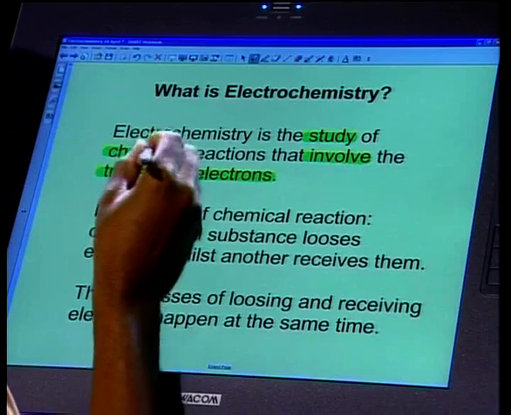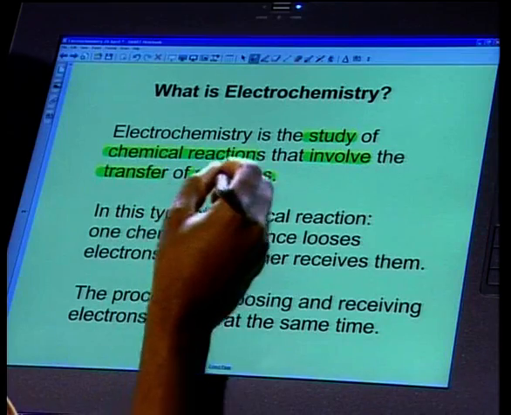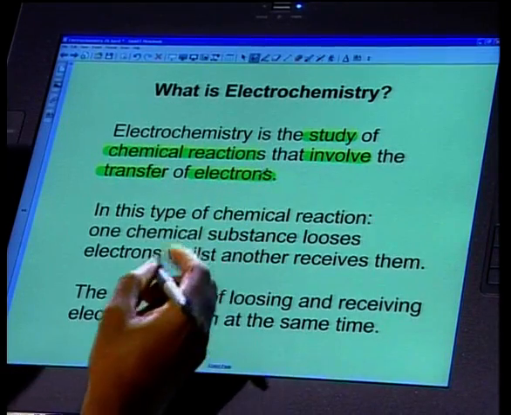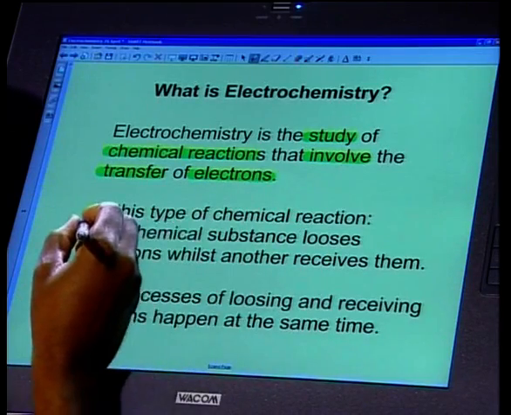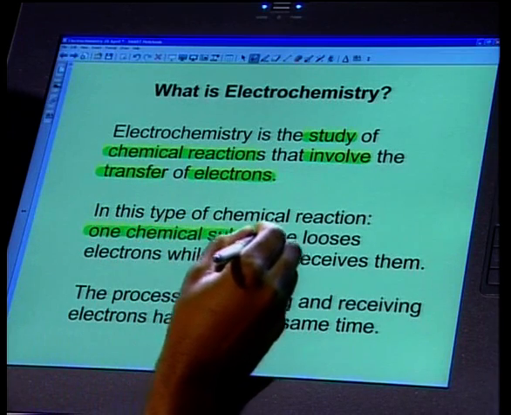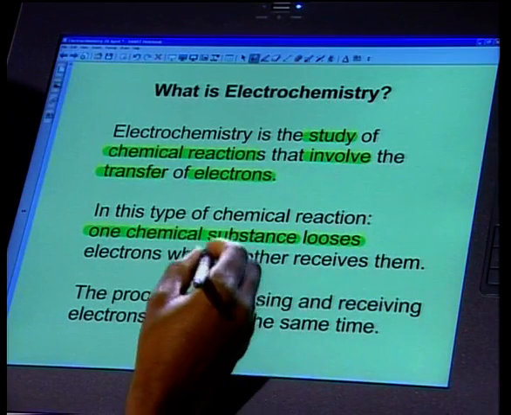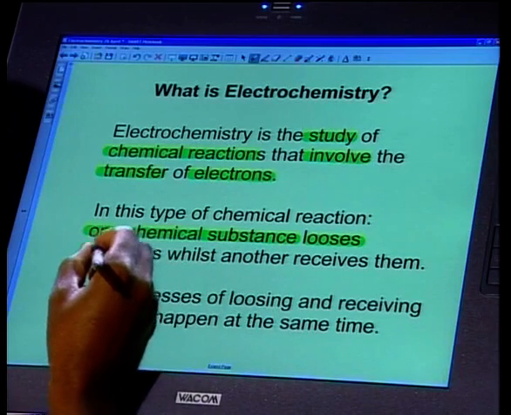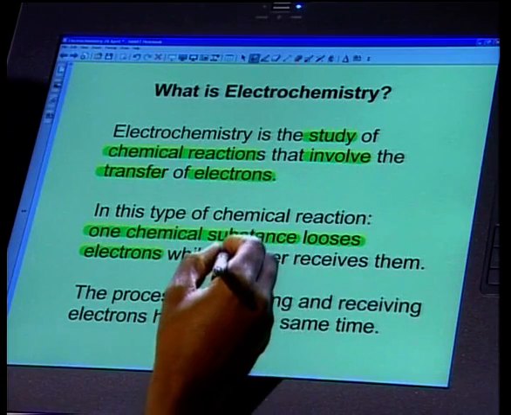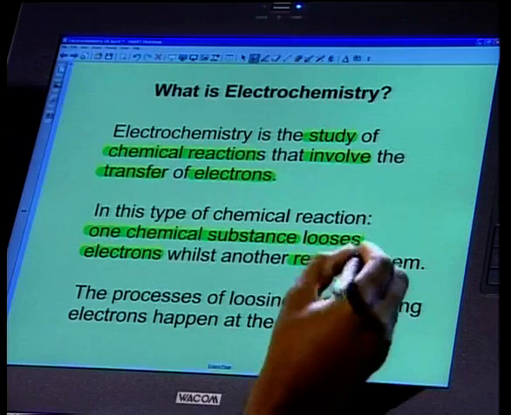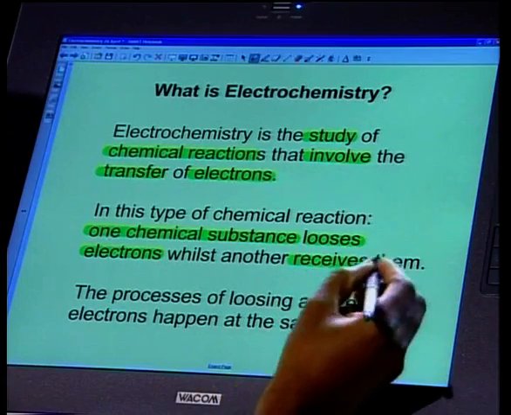In these reactions, one particular chemical substance is going to lose electrons, and when electrons are lost from one, there should be another substance that is ready to receive those electrons. So one substance loses electrons, another receives them.